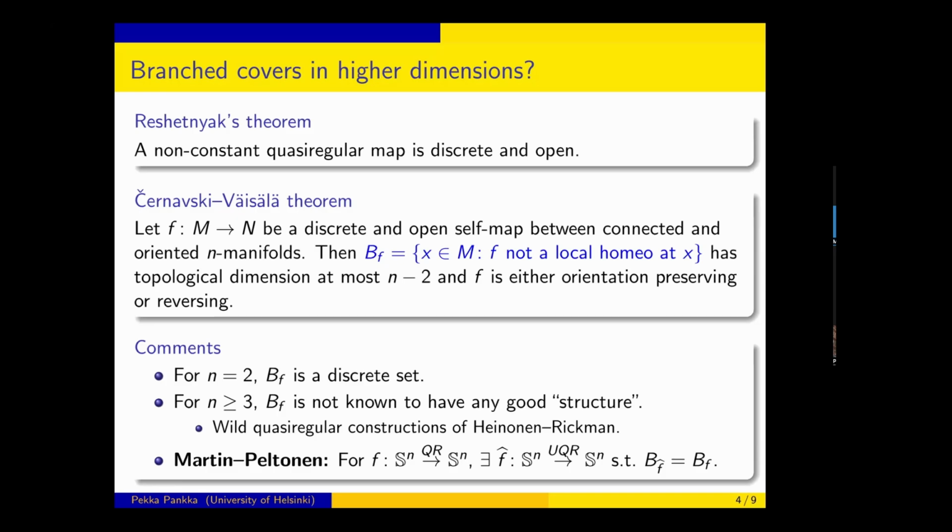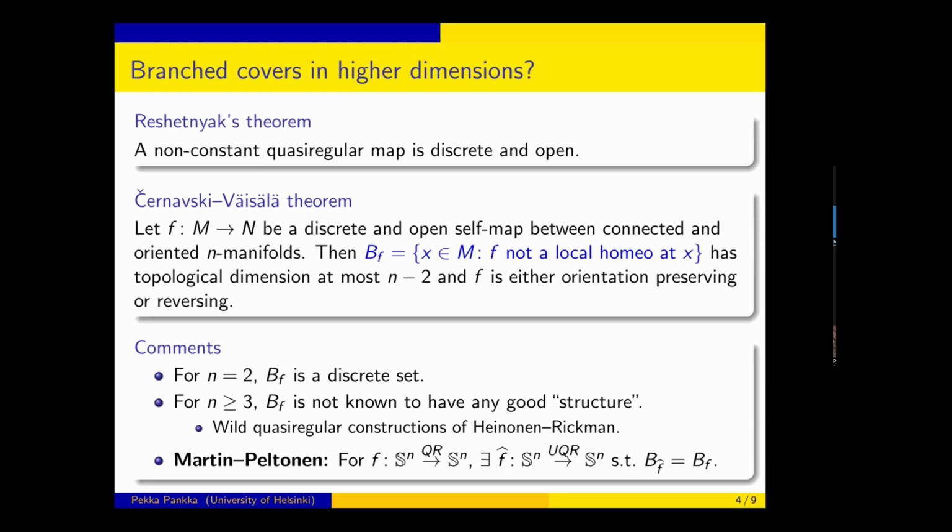And that's where the complications kick in. In 2 dimensions, you can show that the branch set is a discrete set. You can improve it from dimension 0 to a discrete set, and this follows from the Stoilow factorization and this type of classical results.